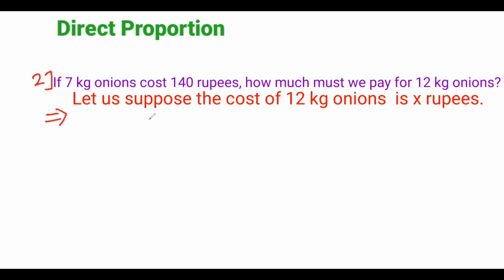So for 7 kg we must pay 140 rupees. That means quantity and rupees have a direct proportion. 7 upon 140 is a constant ratio to 12 upon x. For 12 kg required x rupees.